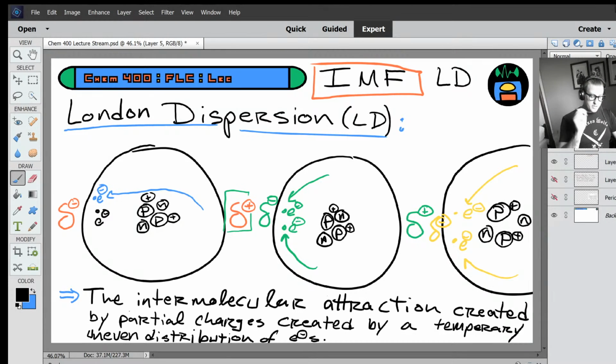All right, they're the intermolecular attraction. London dispersion forces are the intermolecular attraction created by partial charges created by temporary uneven distribution of electrons.